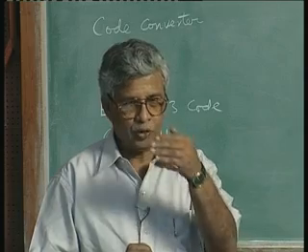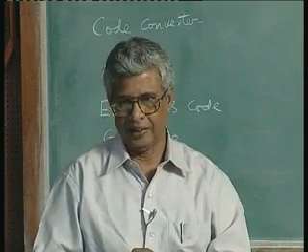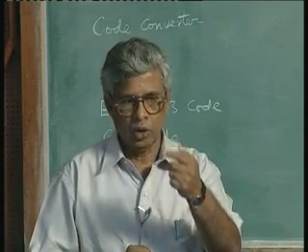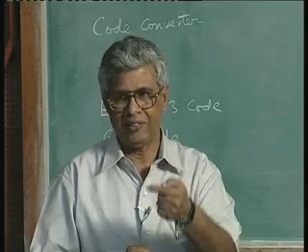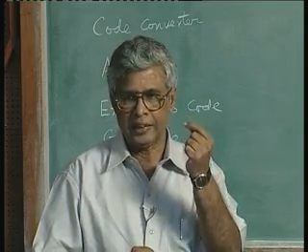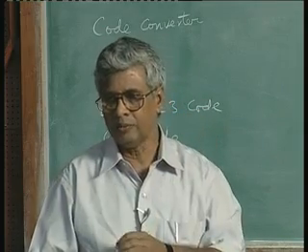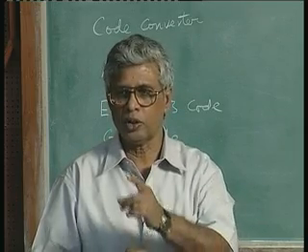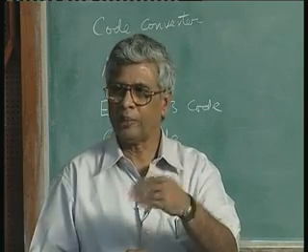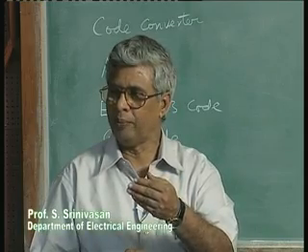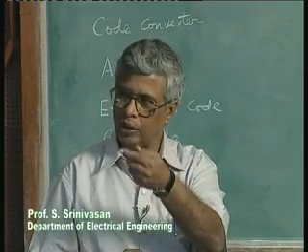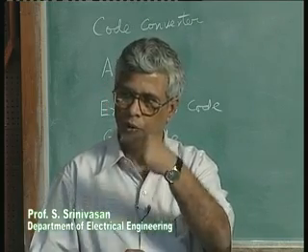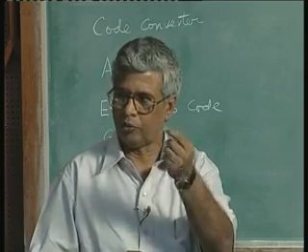Suppose I keep counting from 0 to 1 2 3 4 5 6 7, 7 is indicated by 0 1 1 1, and next count is 8, 1 0 0 0. Now all the 4 binary digits have to be changed from the previous values. First one has to become 0, second 0, third 0, fourth 0 has to become 1.